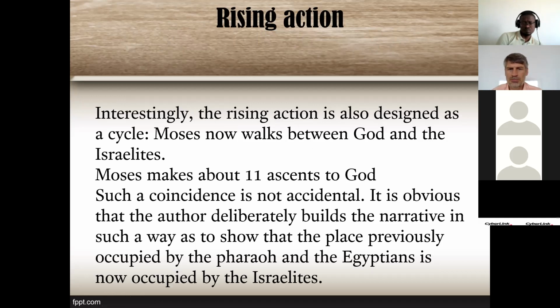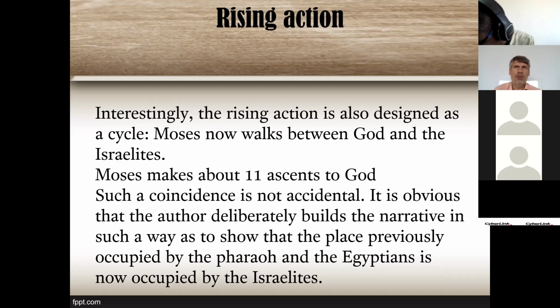What is also important, Moses makes about 11 ascents to God. Do you remember in the first part of the story, Moses went back and forth 11 times between Pharaoh and God? So here again, he made about 11 of these movements between God and his people.